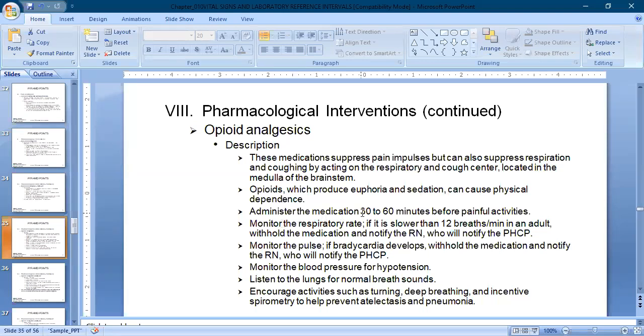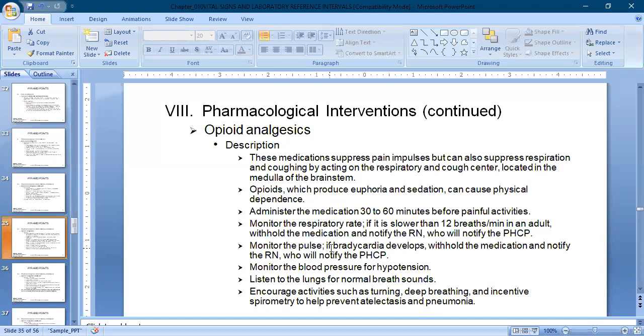Administer the medication 30 to 60 minutes before painful activities. Monitor the respiratory rate. If it is slower than 12 breaths per minute in an adult, we have to hold it and notify the healthcare provider. Monitor the pulse rate.